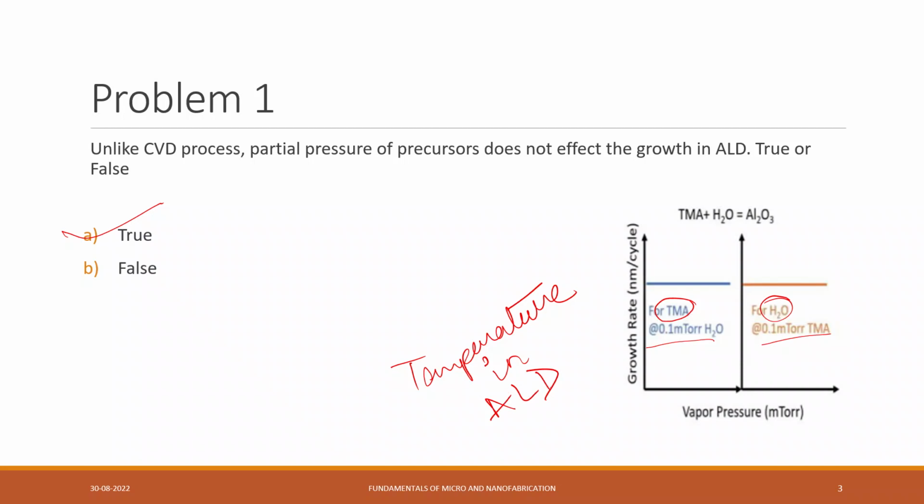Hopefully you got it. If it had varied with partial pressure, then the growth would have gone down or up, because the vapor pressure of the precursor is changing. But that is not the case. It's a self-limiting process, so if you increase the partial pressure, the growth will be the same.